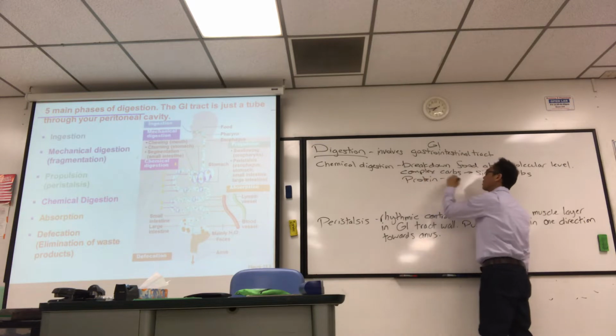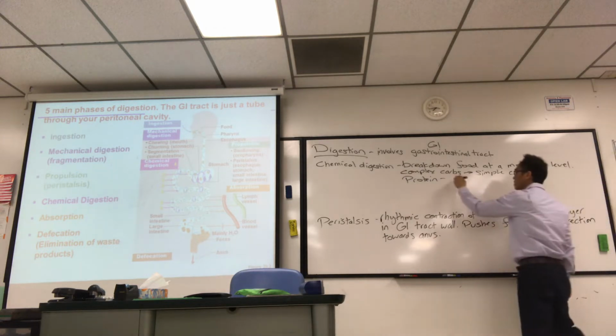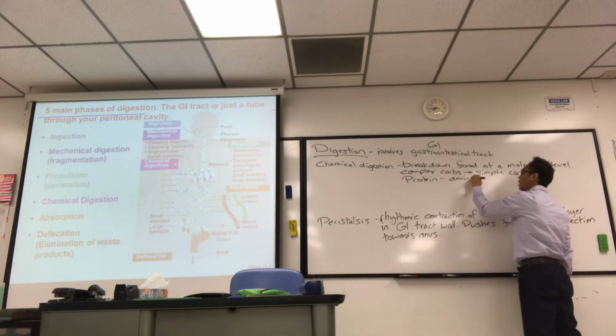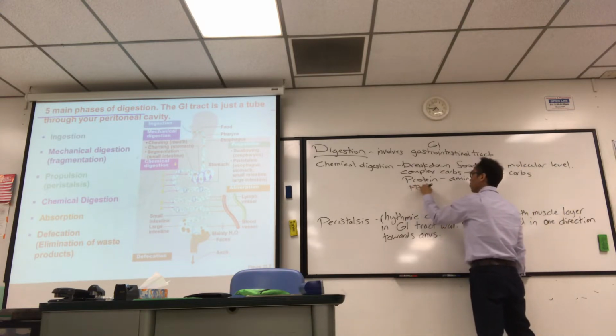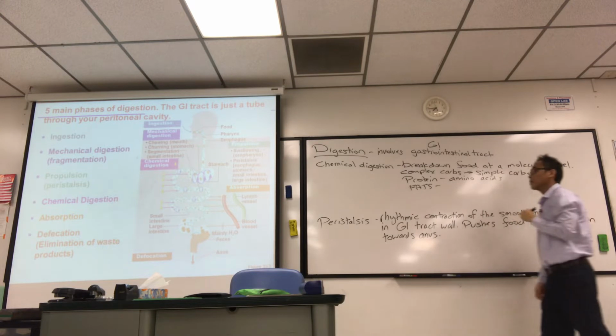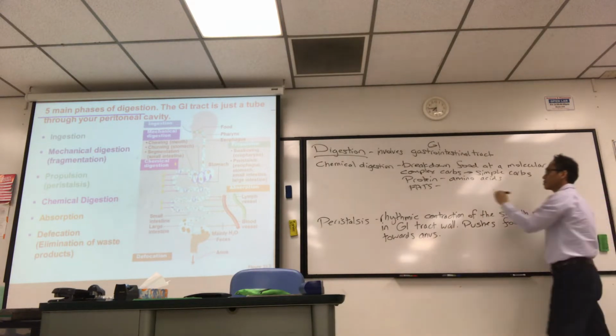Proteins in meat or plant products, you break down into amino acids. The fats, you break down the triglycerides into glycerol and free fatty acids.